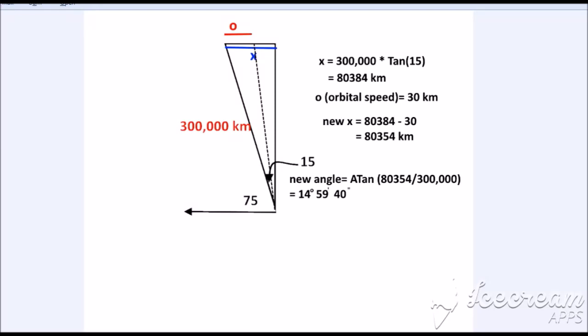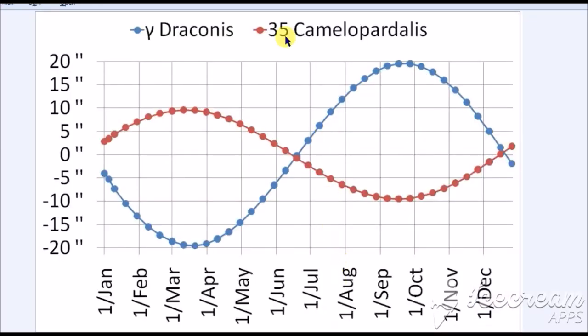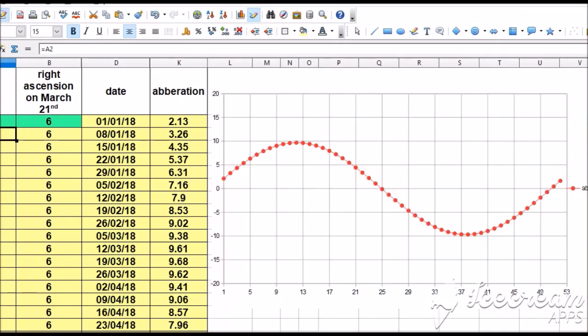Where is Camelo? The red one. This is Camelo, and you can see it's almost the same, except that my plots here are based on 7 days intervals. Of course, he couldn't, or maybe he did with different intervals.